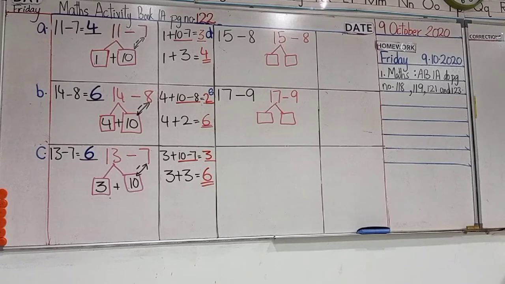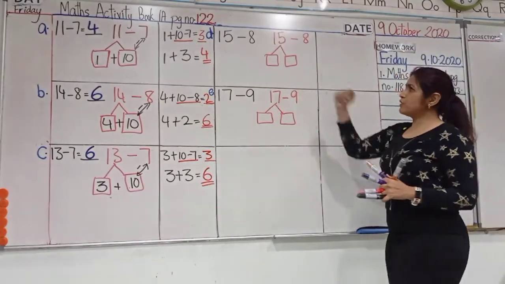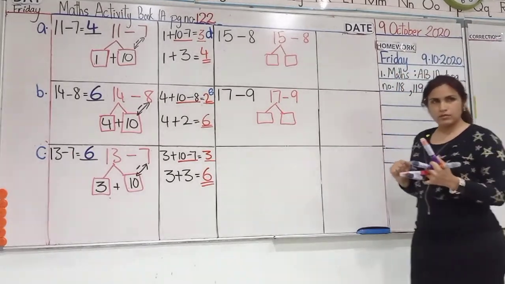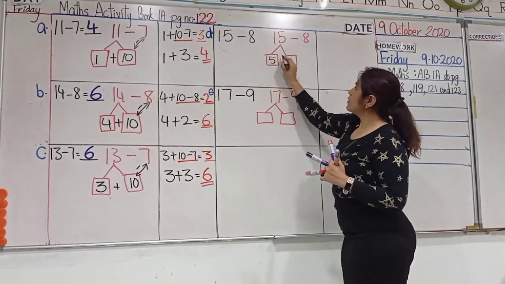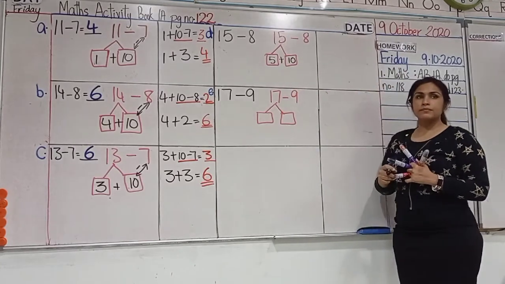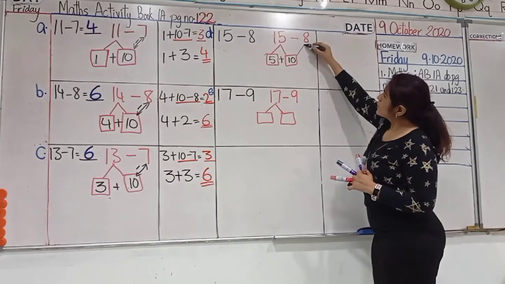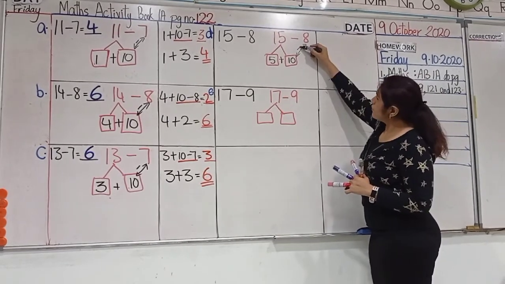Who was supposed to do 15 minus 8? Luth. 15 minus 8, Luth. Are we ready? Split 15 into two parts. 5 plus 10. Very good. Next step. Arrow to 10 and 8. Pointing arrow to 10 and 8. And write minus on top of that. Very good. Next step.